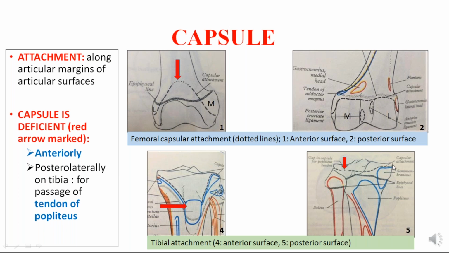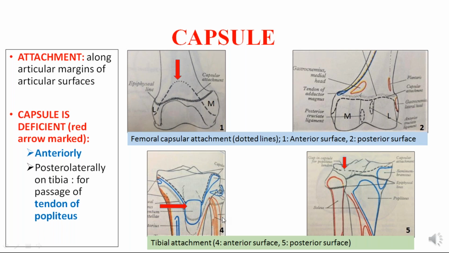But on tracing the capsule, you can clearly see that the capsule is deficient at some places. It is deficient anteriorly, both on the femoral aspect and on the tibial aspect. This anterior deficiency is replaced by the patellar tendon.